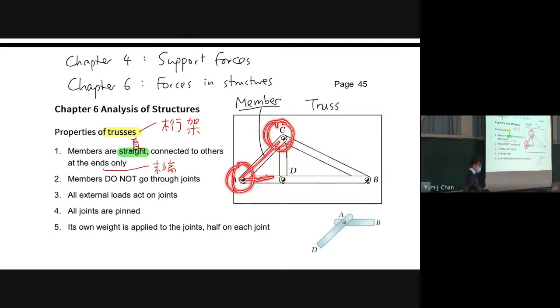All the other forces can only act on points A and C, and there are no forces in the middle, no forces in between.